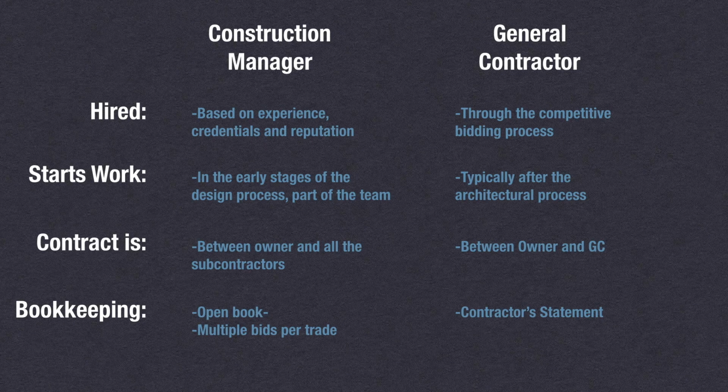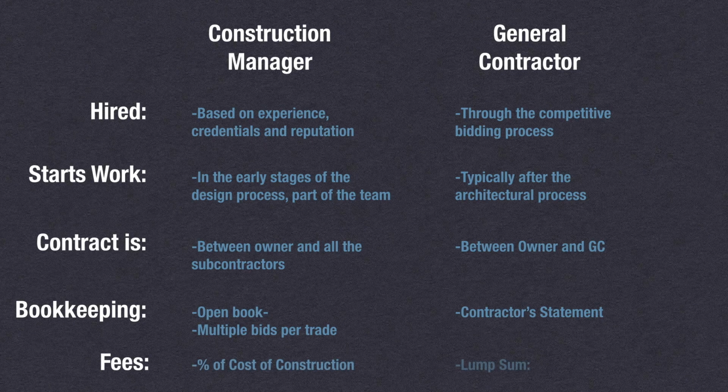Whereas with the GC, many times they're just calling up the guy they always like to work with, which can be fine, but sometimes you lose out on the multiple bids at the subcontractor level with a GC relationship.